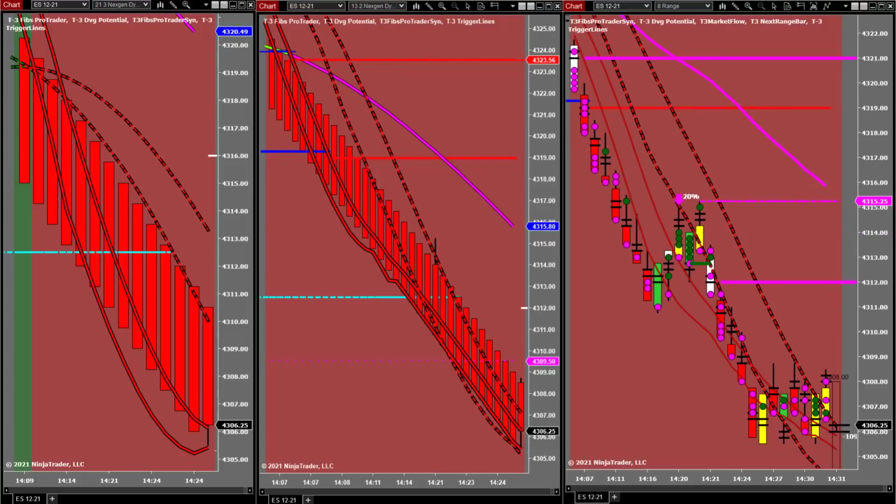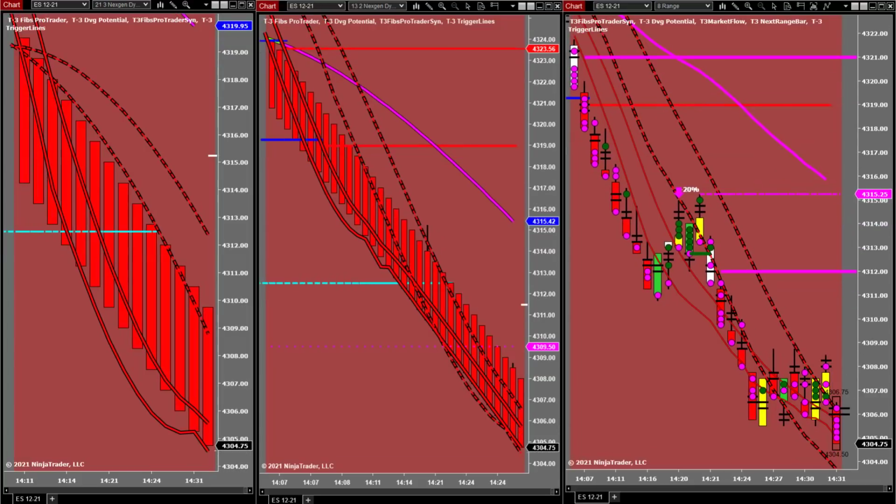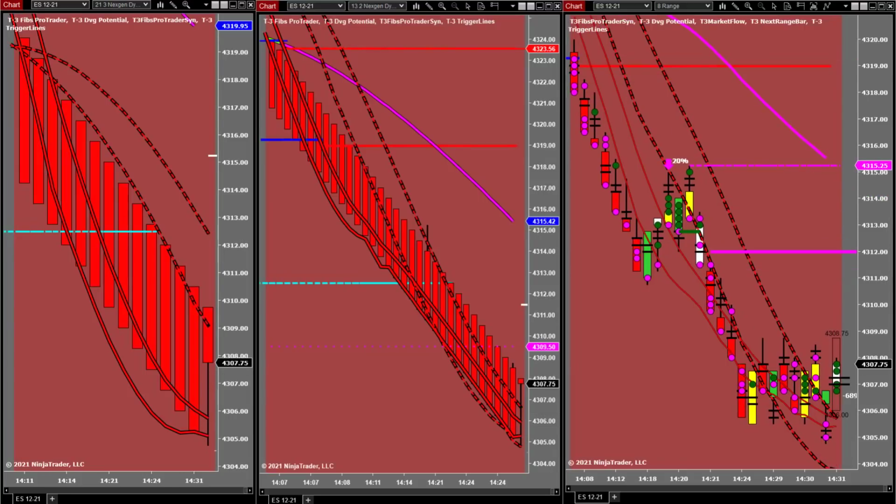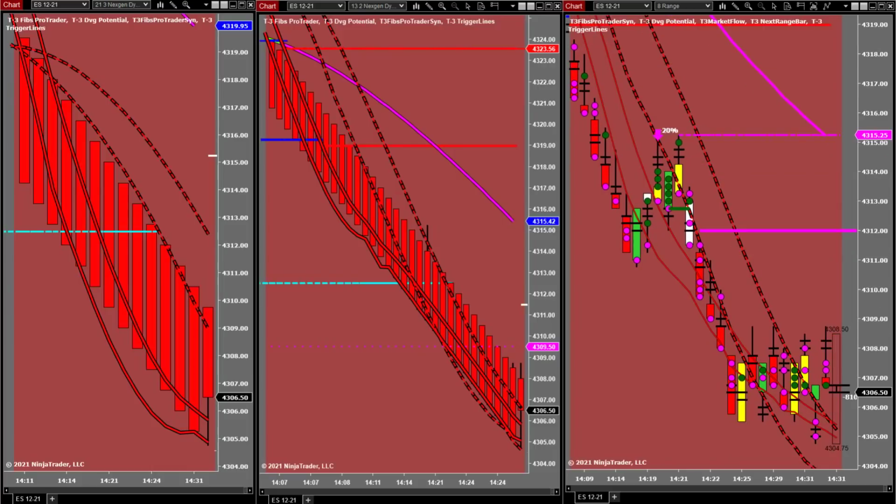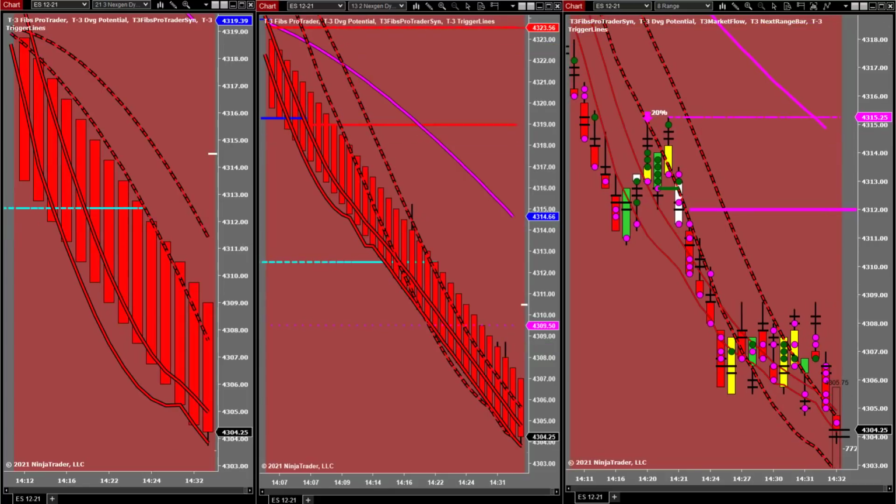It will tell you when it's still going down. It'll tell you whether you can take those trades or not, whether it will keep giving you trade short or not. And again, just trusting those trigger lines and strong market conditions to get you to the next area.